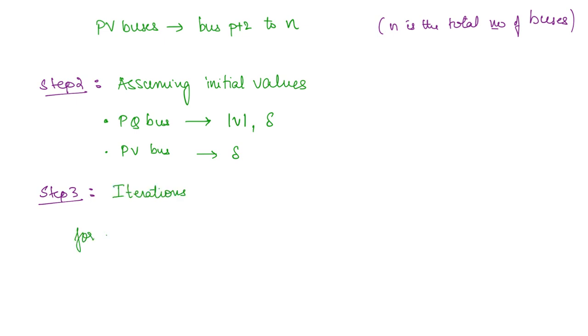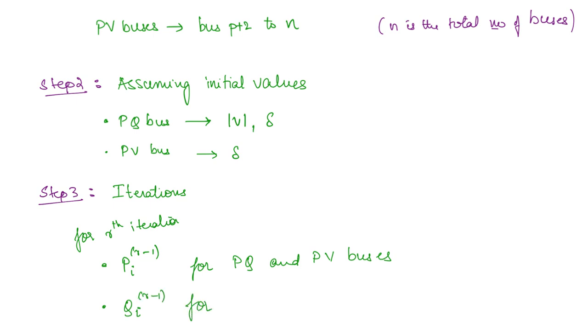So here for the rth iteration, you have to find first the active power of the ith bus, superscript r minus 1. Why we are taking r minus 1 will become clear to you. This you have to find for all of the buses except the slack bus, for PQ and PV buses, and you also have to find the reactive power for only the PQ buses.